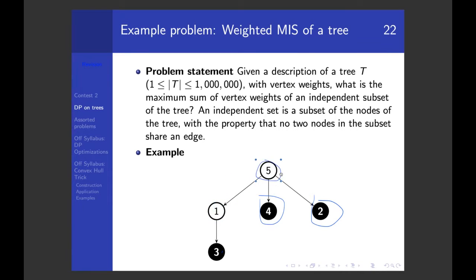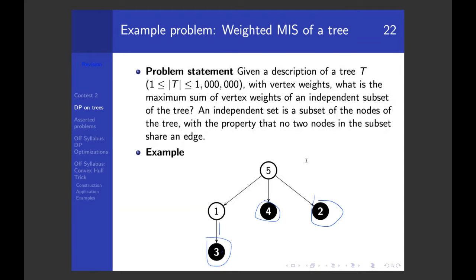This here is not an independent set because we have adjacent nodes in our set. This here is also not an independent set. These two are adjacent. In this problem, this here is a maximum independent set. Weight is 9. This is the best you can do in this case. 3 plus 4 plus 2. So the answer to this problem, given these nodes and these weights, is 9.